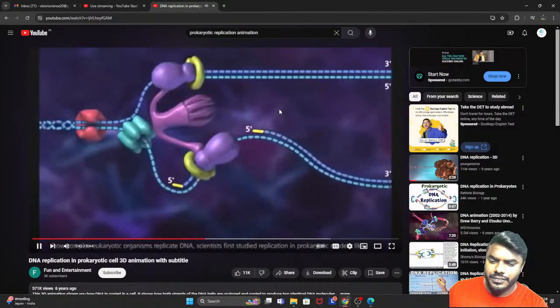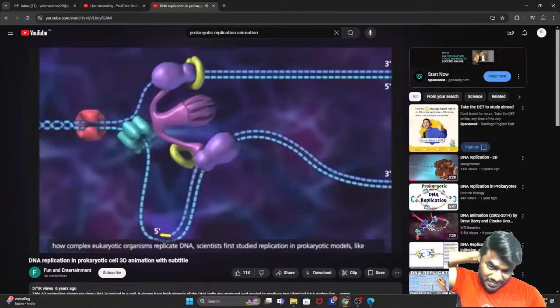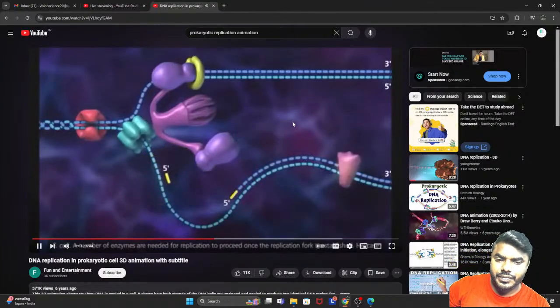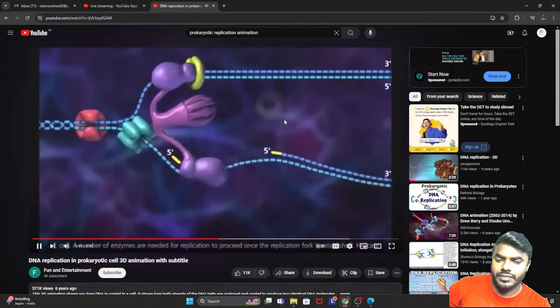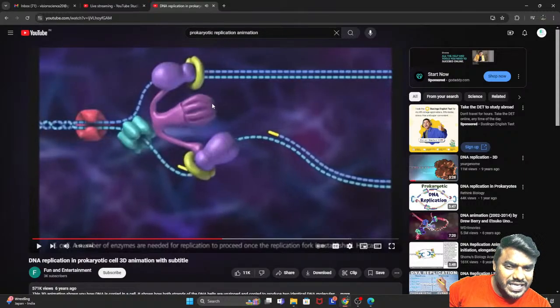To understand how complex eukaryotic organisms replicate DNA, scientists first studied replication in prokaryotic models like E. coli. A number of enzymes are needed for replication to proceed. I want you to observe how beta clamps keep on adding to the lagging strand, but only one beta clamp is there on the leading strand.